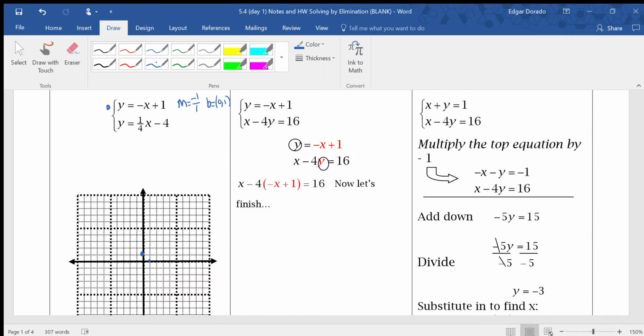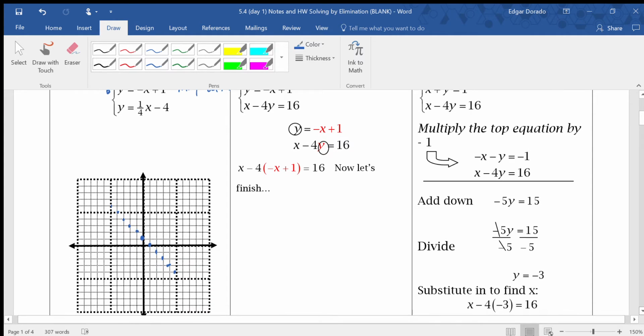So down 1, right 1, down 1, right 1, down 1, right 1, down 1, right. Pretty simple. I'm going to fly through this so that we can start looking at elimination right away.